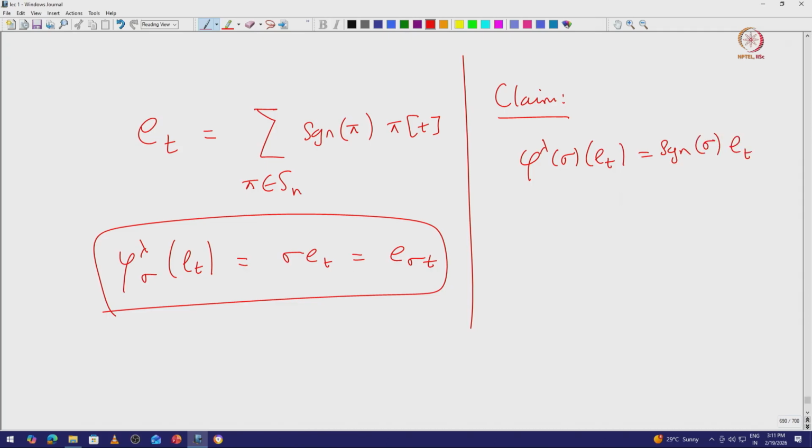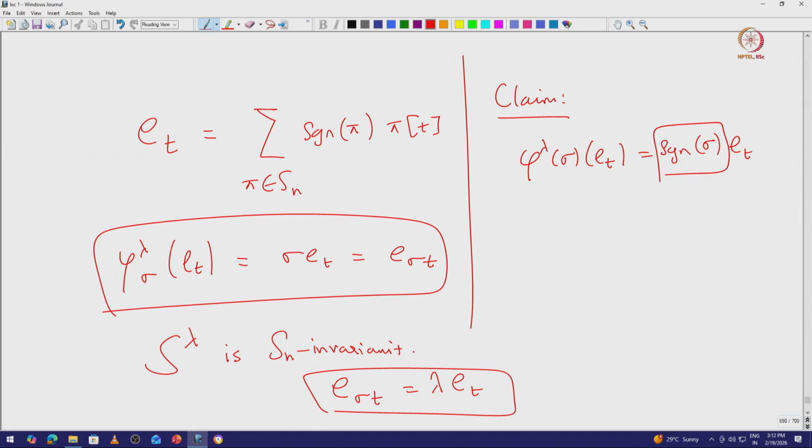Note that the space S lambda that we defined is indeed S n invariant. So, that means this element E sigma t should be some scalar multiple of E t. That is for sure, and we are saying explicitly that the scalar is the sign of sigma. So, let us do this straight away.